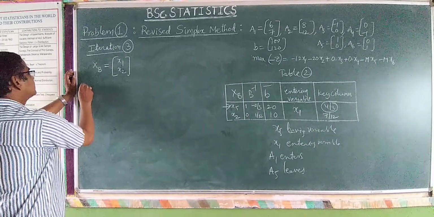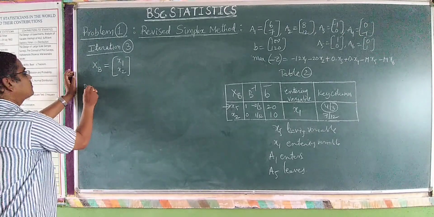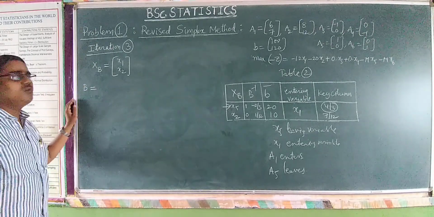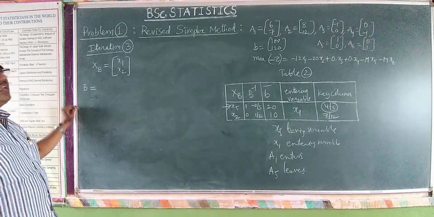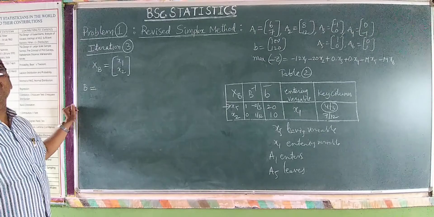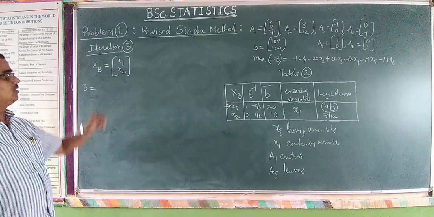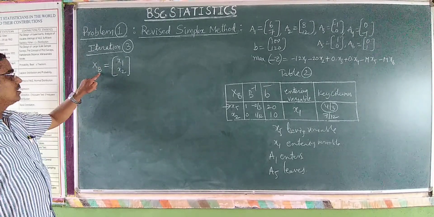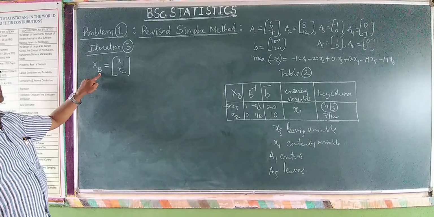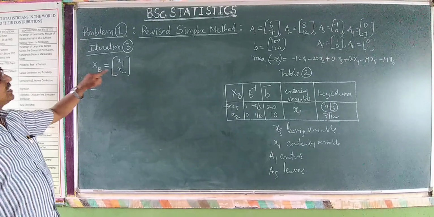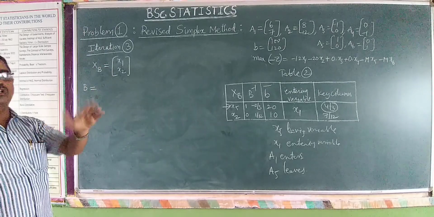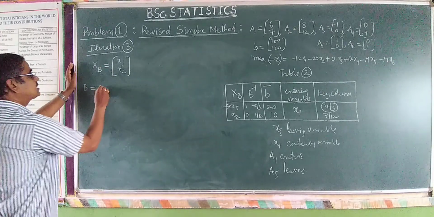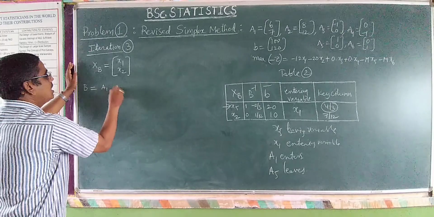Now, based on this, we can continue the steps with the help of XB. See the XB and write the basis. Just like an index, the first variable of the basis and the second variable of the basis are x1, x2, index 1, 2. Therefore, the matrix B is nothing but a1, a2.